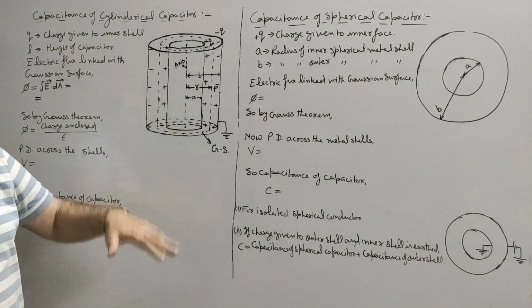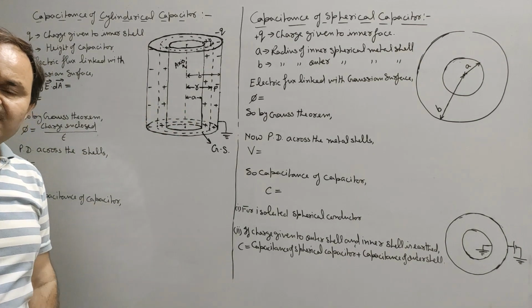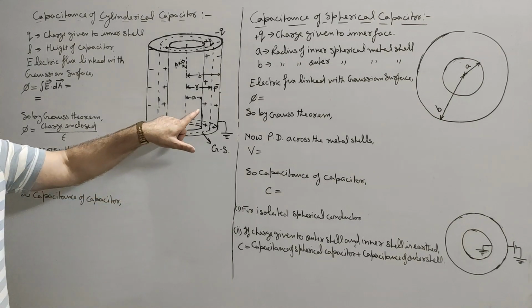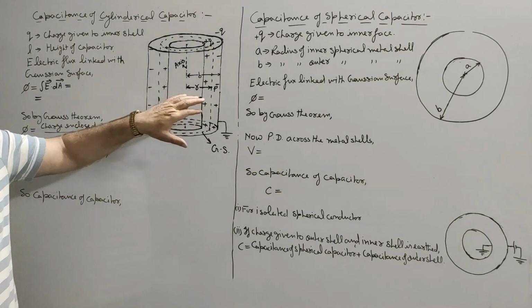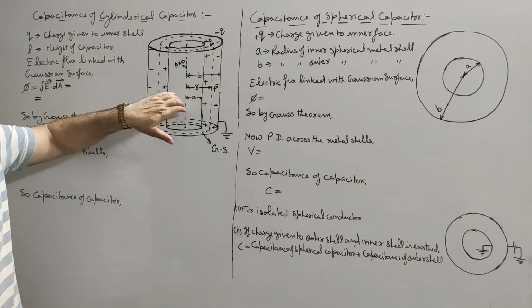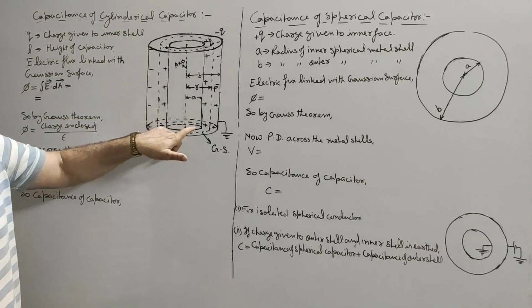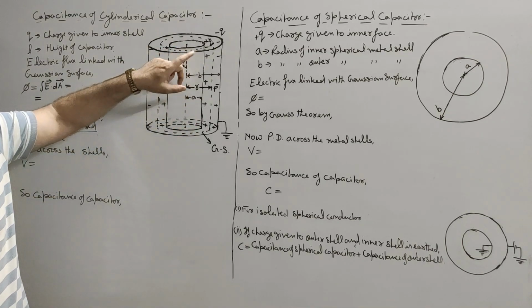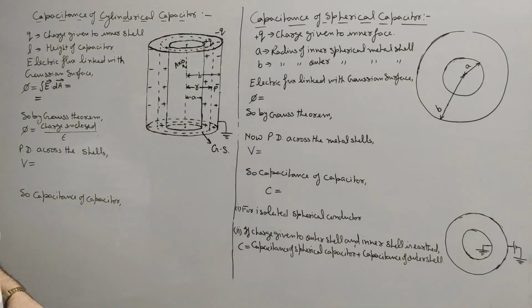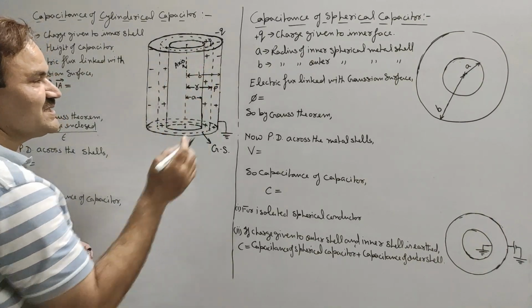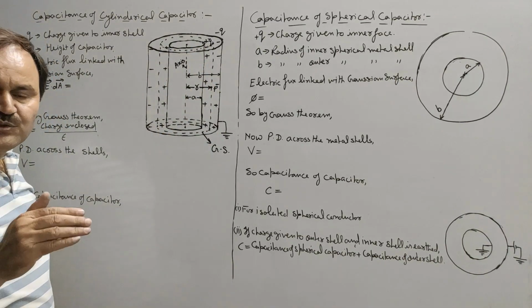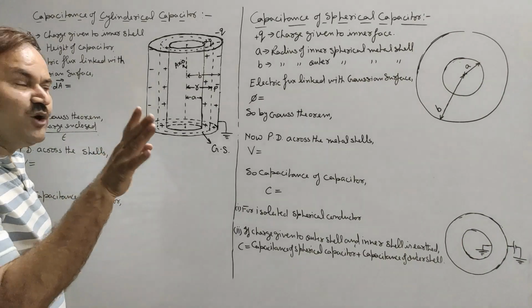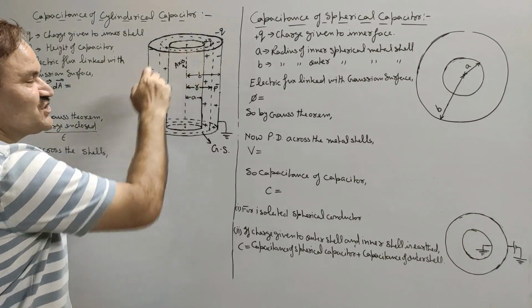Now we will have to find out the electric flux linked with Gaussian surface, due to the charge lying within the Gaussian surface. The charge lying within the Gaussian surface is the charge possessed by the inner shell, that is plus Q, and electric field due to this plus Q will be radially outward from the inner shell.